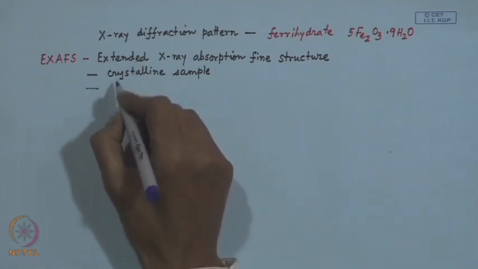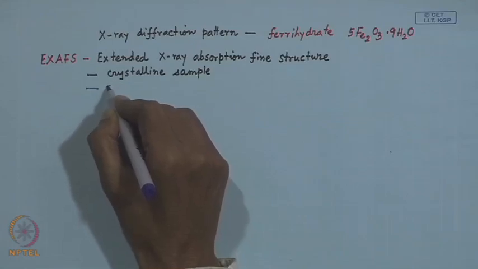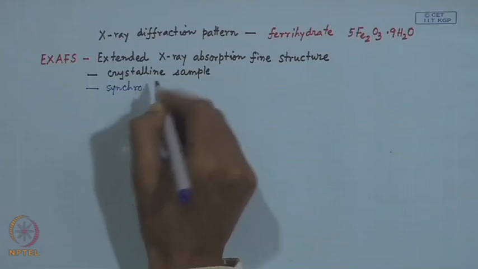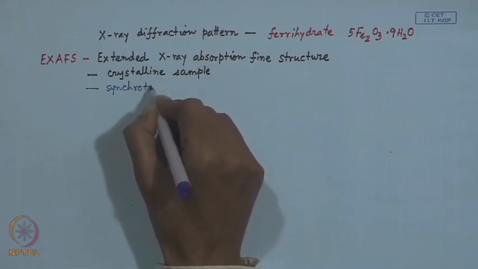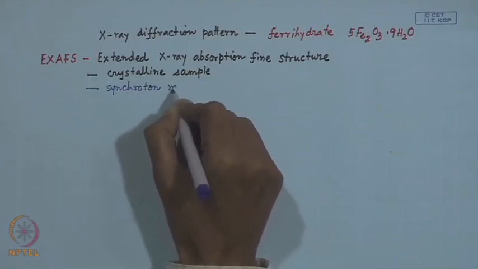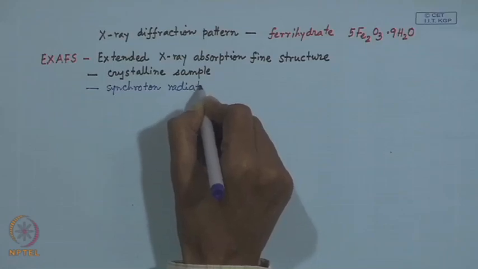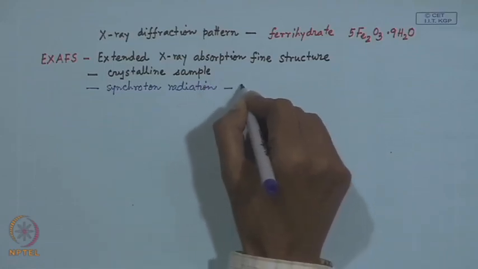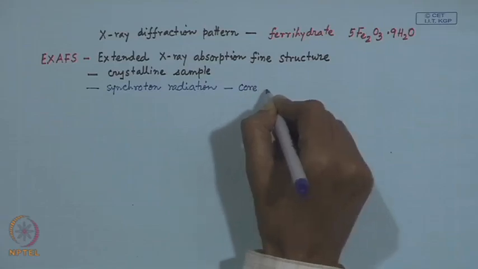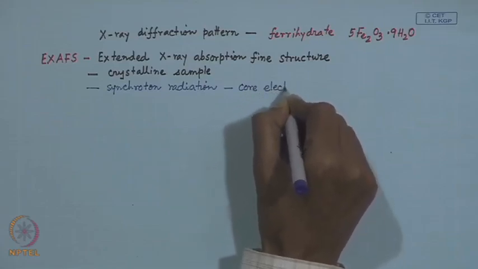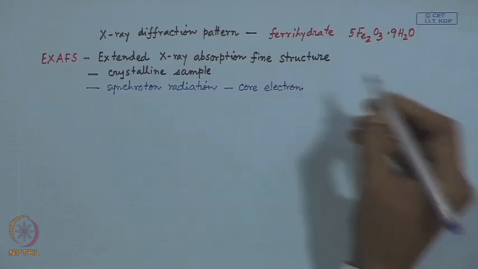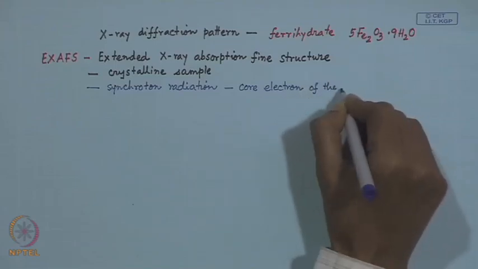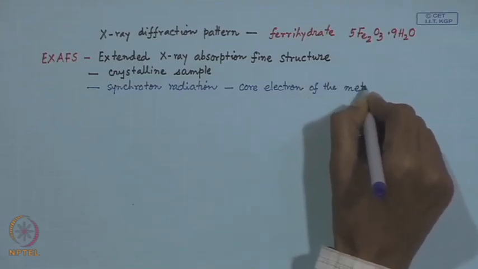So, we use synchrotron radiation to excite the core electron of the iron center or any other metal center.